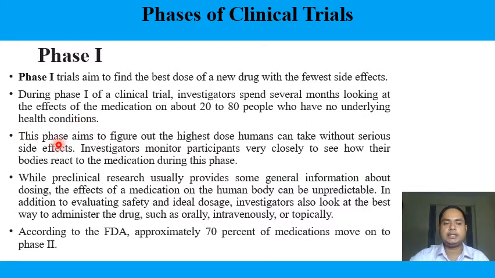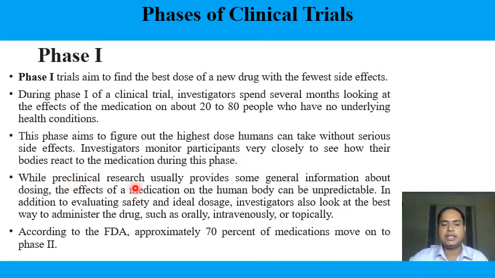This phase aims to figure out the highest dose humans can take without serious side effects. Investigators monitor participants very closely to see how their bodies react to the medication during this phase.